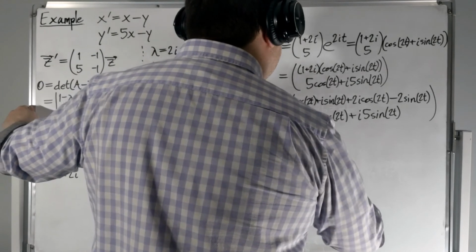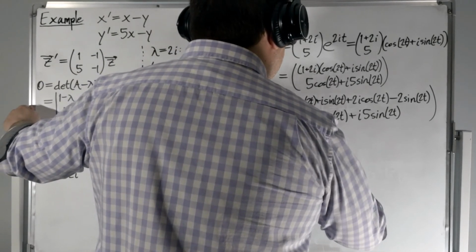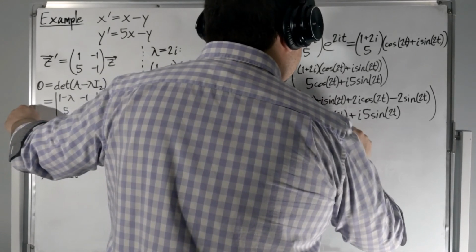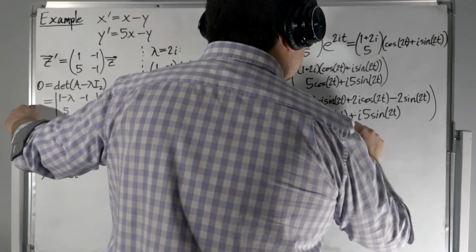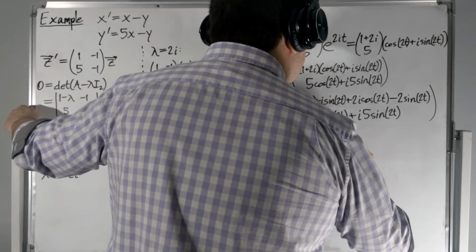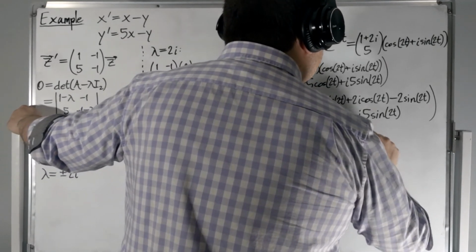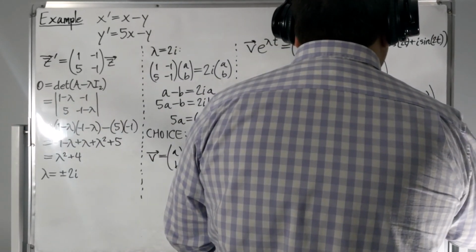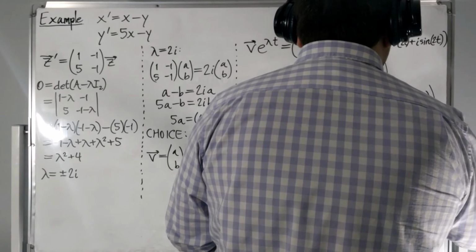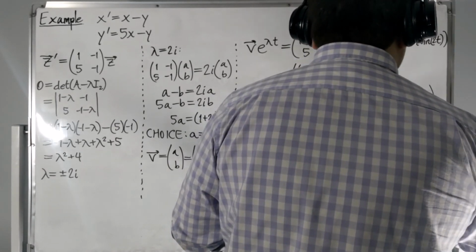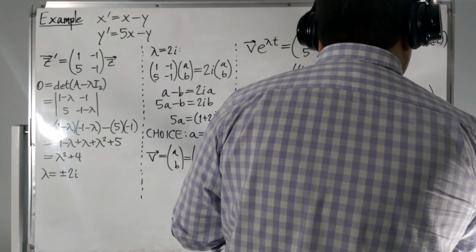This turns into (cosine 2t minus 2 sine 2t, 5 cosine of 2t) plus i times (sine of 2t plus 2 cosine of 2t, 5 sine of 2t).